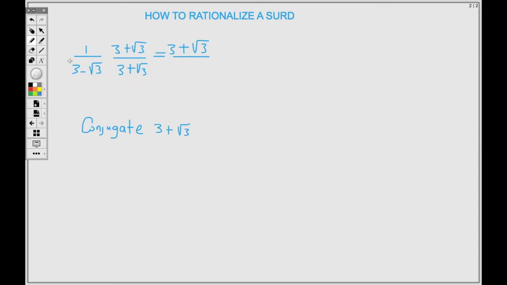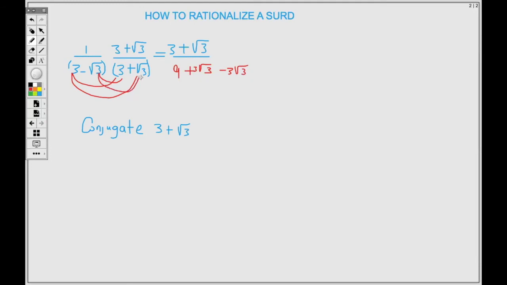In the denominator, eventually you're going to realize there's some cancellation at all times, so we can skip a few steps. But for now, let's multiply 3 times 3, that gives us 9. 3 times root 3, that is 3 root 3. Then minus root 3 times 3, that is negative 3 root 3.